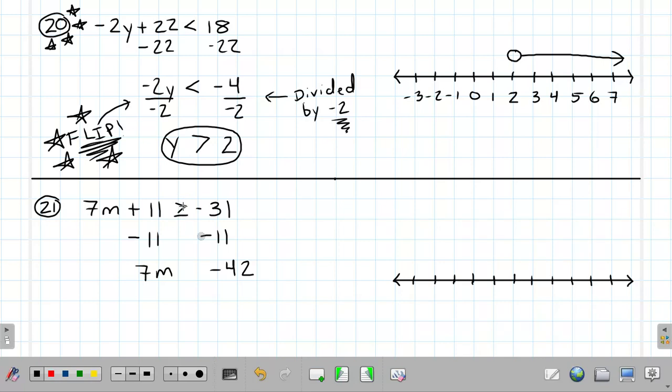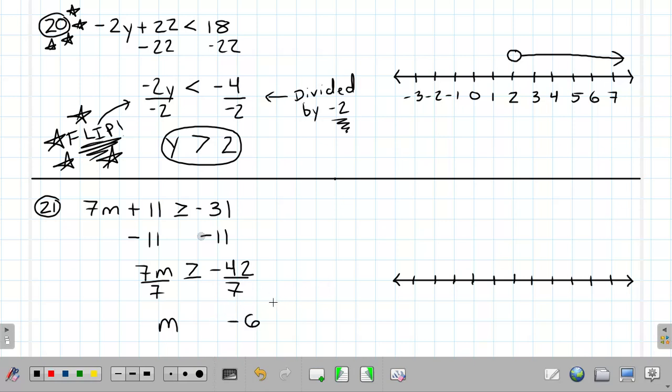Well, we subtracted 11. We didn't multiply by negative 11. We didn't divide by negative 11. So in this case, my symbol should stay the same. And then the last step, we're dividing by positive 7. So here we get m, and over here we get negative 6.